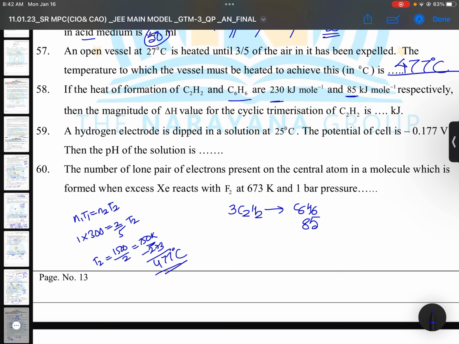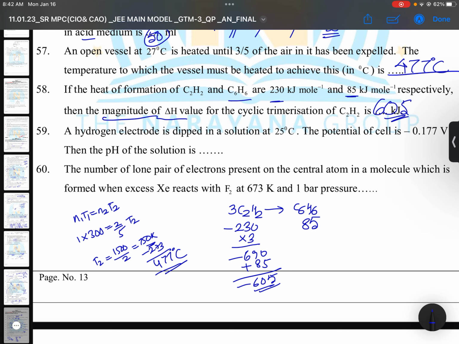But this is undergoing the change, but here given formation, so 3 moles, that minus 230 into 3. Just change the sign. This will become 690 plus 85, just add them. Then the magnitude of delta H is asked, only the value, that is 605.